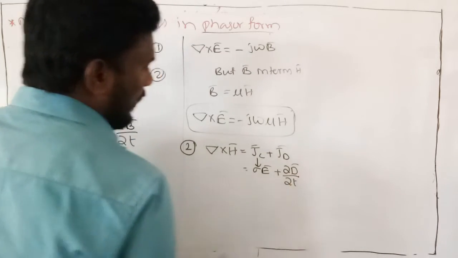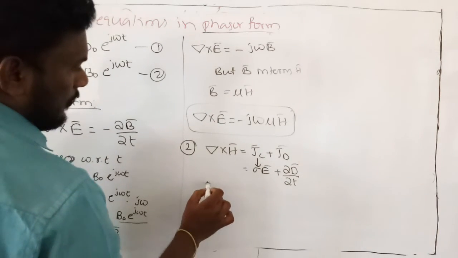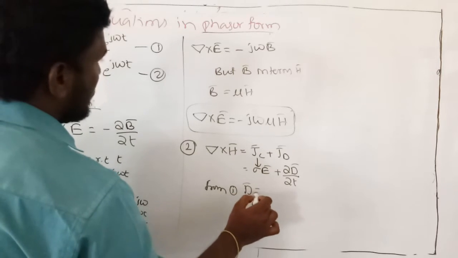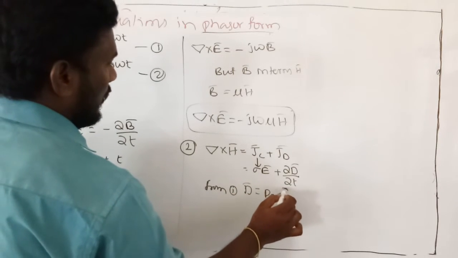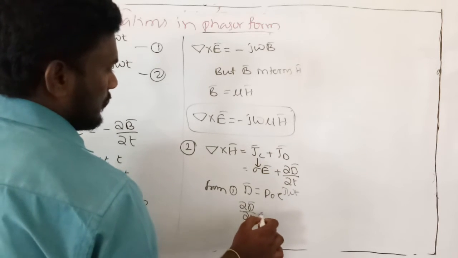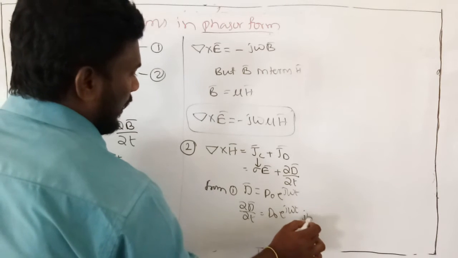Now see here, I have ∂D bar by ∂t, but from equation 1, D bar is equal to D naught e power j omega t. So do the differentiation of equation 1, so that you will get D naught e power j omega t and j omega.